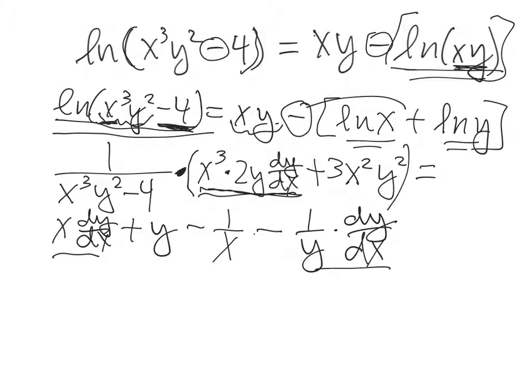What I would probably do is just go ahead and multiply the fraction through these parentheses. And let's see, along with cleaning up the notation, we'd have 2x cubed y over x cubed y squared minus 4 times our dy by dx.